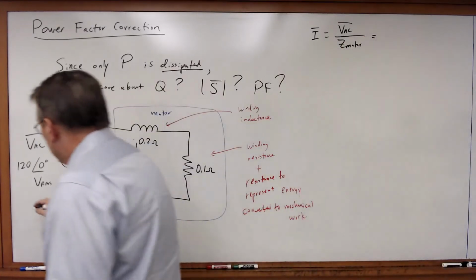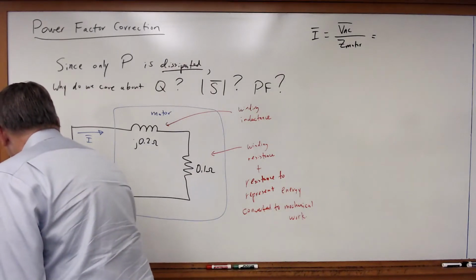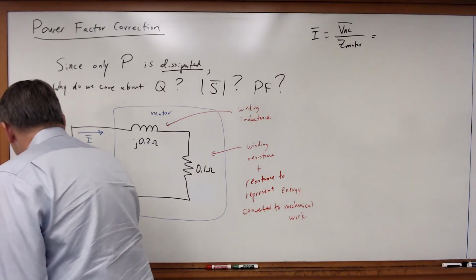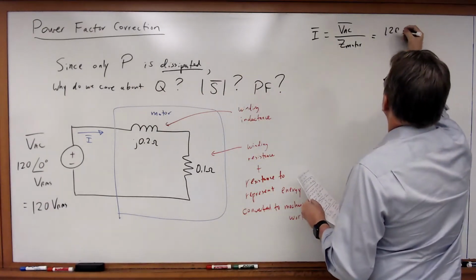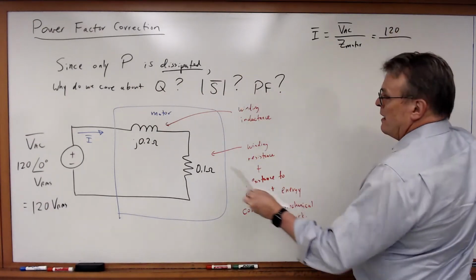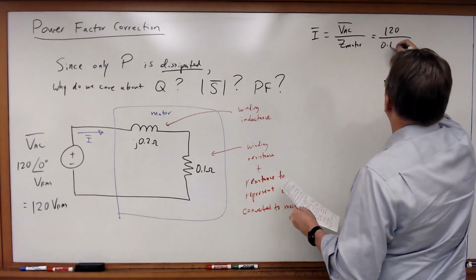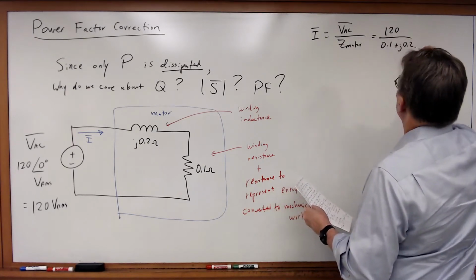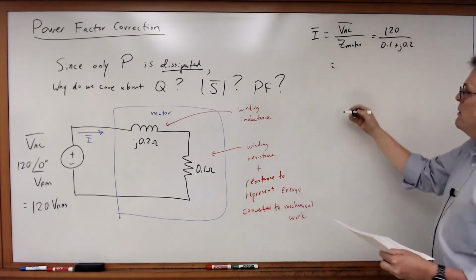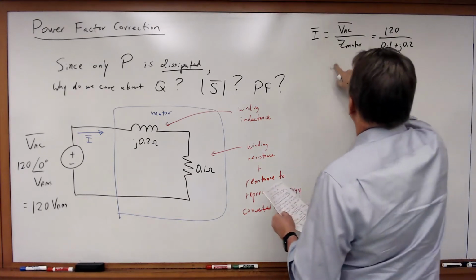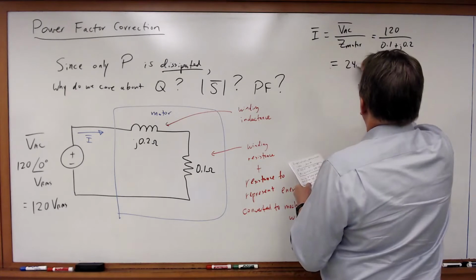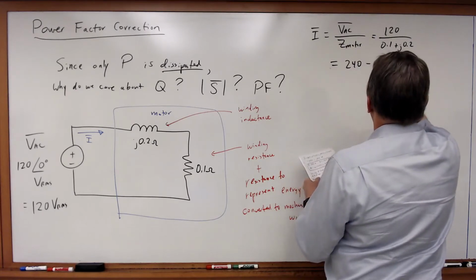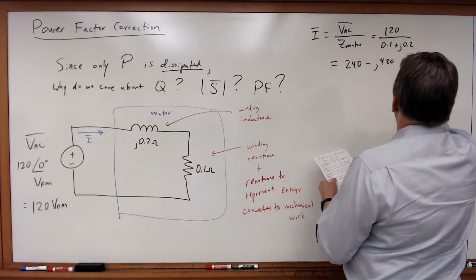V_AC in rectangular form is just going to be equal to 120 volts RMS, just the magnitude. So that's 120 divided by 0.1 plus j0.2, and I put that in my calculator, and what I will get is 240 minus j480 amps RMS.